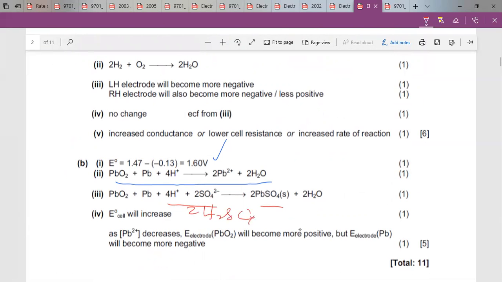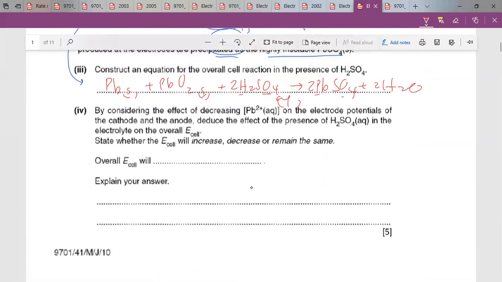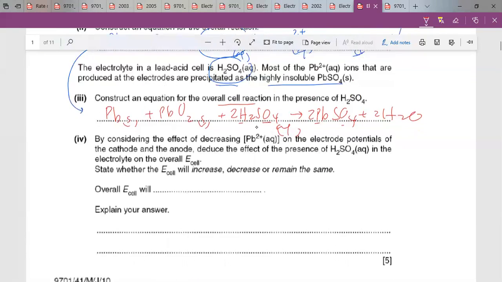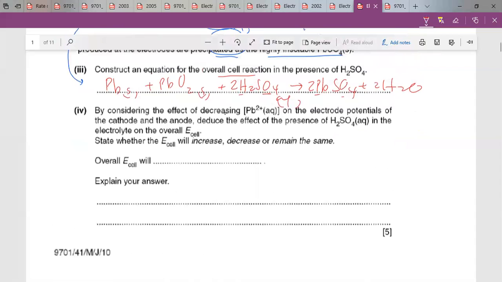Do they want ionic or what? I forgot to check. Overall cell reaction. Okay, so by considering the effect of decreasing Pb2+ on the electric potentials of the cathode and anode, why cathode and anode? Because both of them produce Pb2+. So you reduce the Pb2+, which means the cell potential will increase.